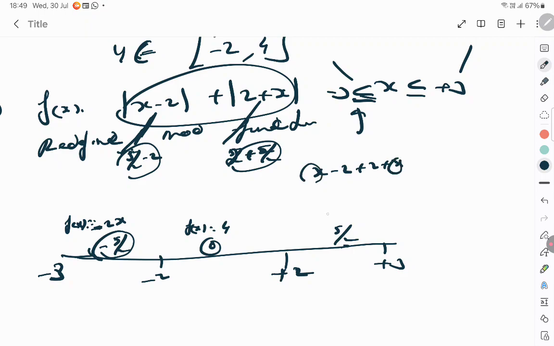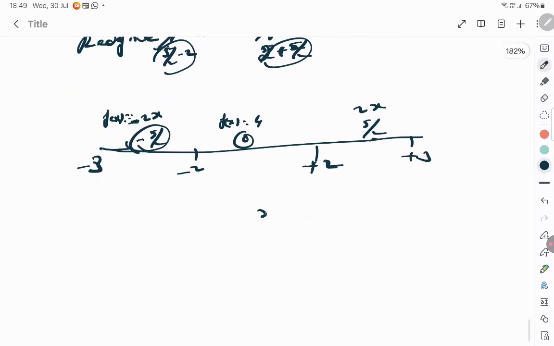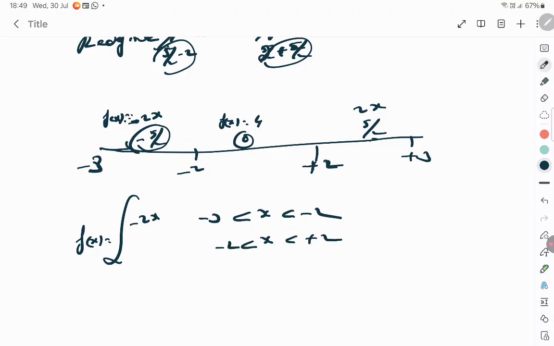So it's 2x again. Thus you are able to redefine the function. When you write it, you should write: when x is lying between minus 3 and minus 2, the new f of x value is minus 2x. When x is lying between minus 2 and plus 2, the new f of x value is 4, and plus 2x when x is lying between 2 and 3. Like this you can redefine the function.